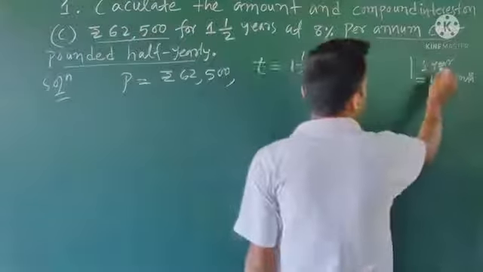In 1 year we have 2 half years, isn't it? So in 1.5 year we have 3 half years. In 1 year we have 2 half years and another half year is there. So 2 plus 1 is 3 half years. So time will be now 3 half years.